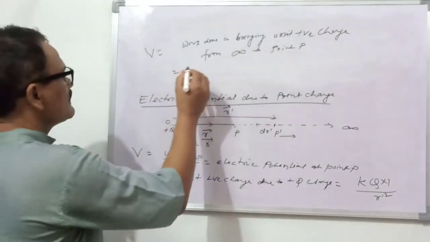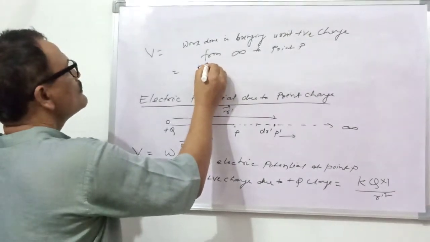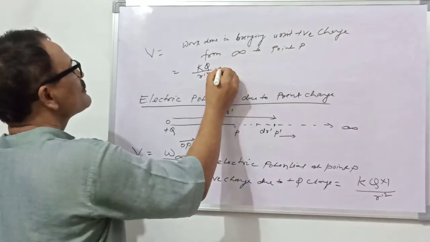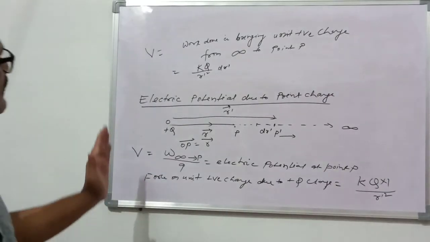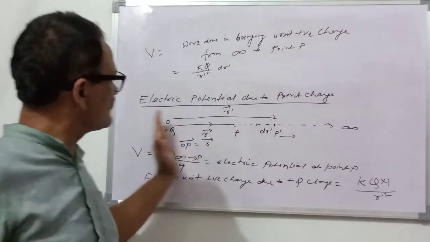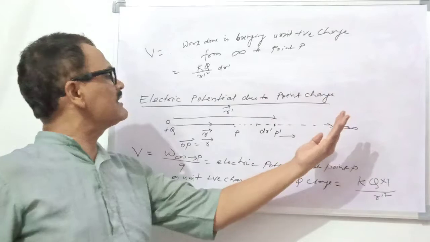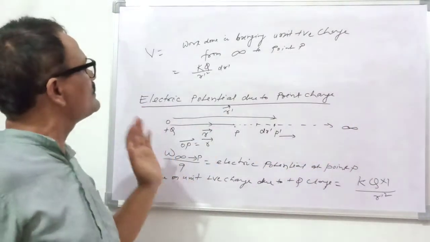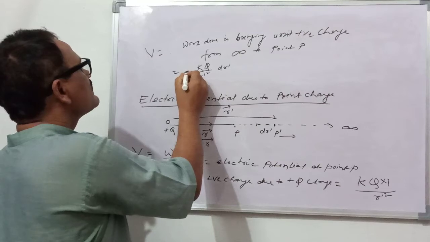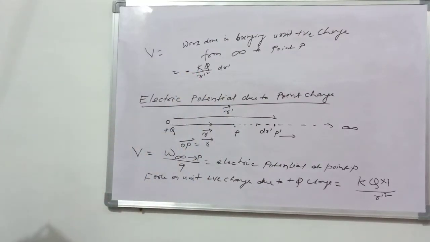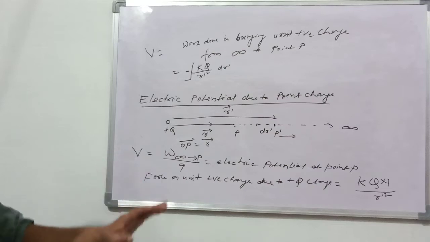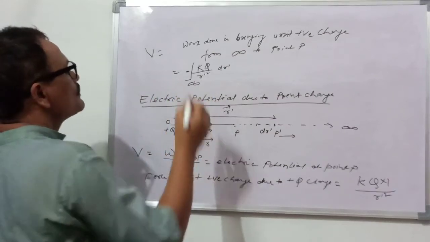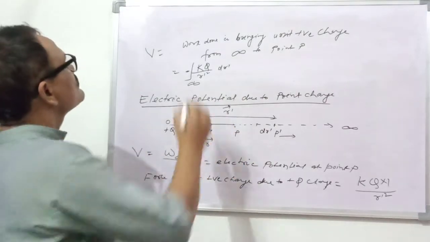The external force is kQ divided by r dash square, and the displacement is dr dash. The direction of the position vector is this, and I am bringing the charge from the opposite direction, so I am putting a minus sign. This is the work done for a small displacement, so I use integration to get the complete work, from infinity to point P, where the position vector of P is r.